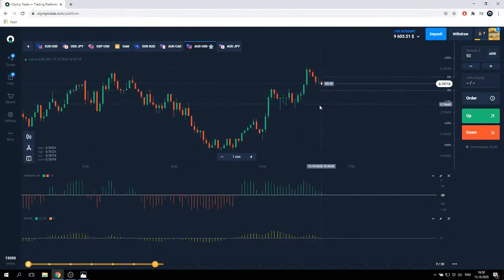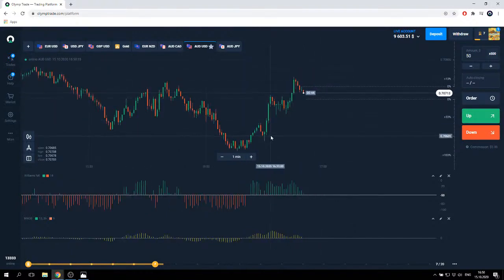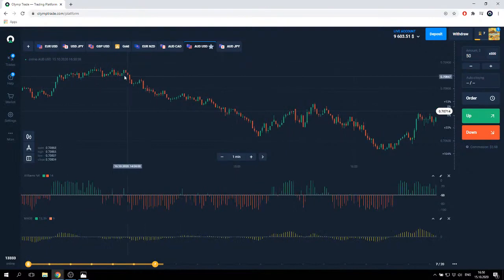Same thing here, for example, if you see the trend is going down, a series of red candles is forming, and in Williams Percent R the red histogram bar is forming below -50, and at the same time the MACD histogram is forming below zero level. There are strong chances that price will go down, right?